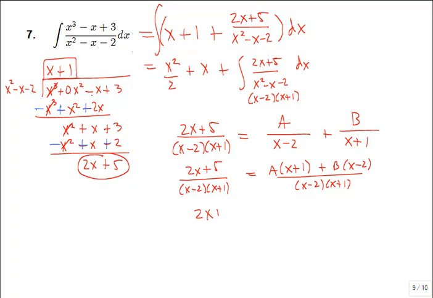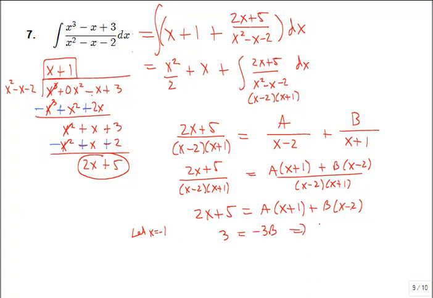So 2x plus 5 needs to equal A times (x plus 1) plus B times (x minus 2). What would make this factor go to 0? Negative 1. So let's let x be negative 1. That would give me 2 times negative 1 plus 5, which is 3. This goes to 0, and negative 1 minus 2 is negative 3B.